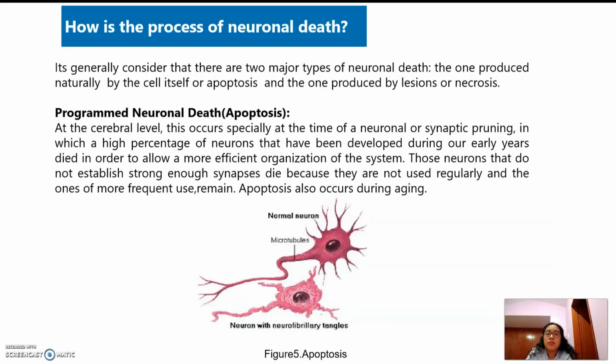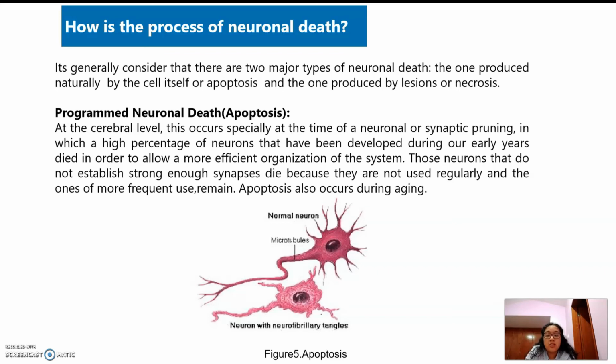How is the process of neuronal death? We have two major types of neuronal death: the one produced naturally by the cell itself, which is apoptosis, or on the other hand, the one produced by lesions, which is necrosis. Today we're going to talk about neuronal death by apoptosis. Over a lot of years, the neurons start dying in order to allow a more efficient organization of the system.